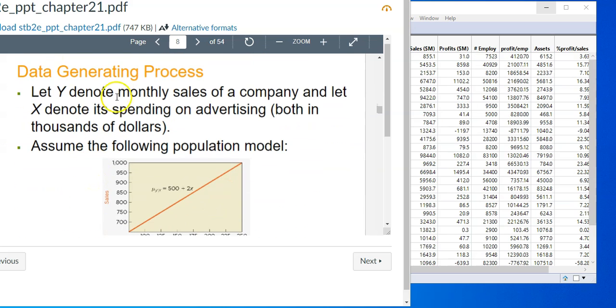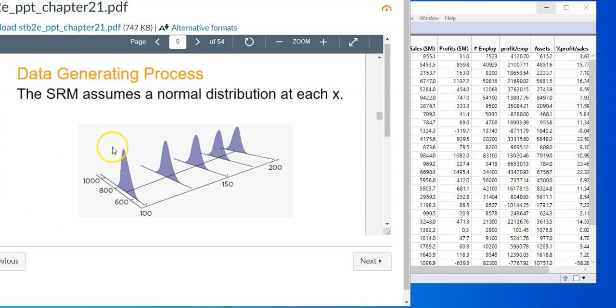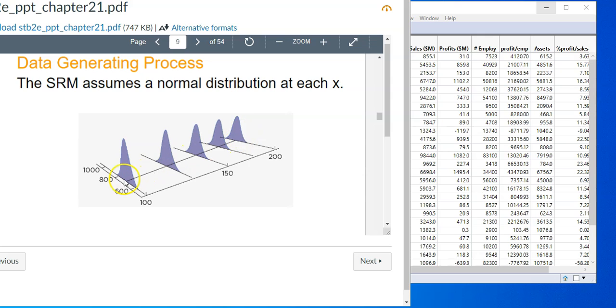Okay, data generation. So here we created a model, and why do we need normally distributed data, right? You can see if your data are following a normal distribution, it's easy to predict and say what's the shape of the next level of data.